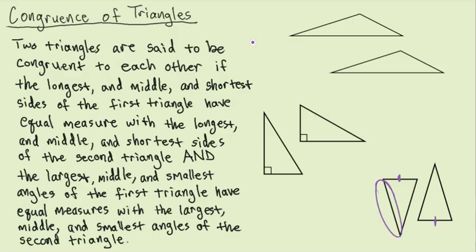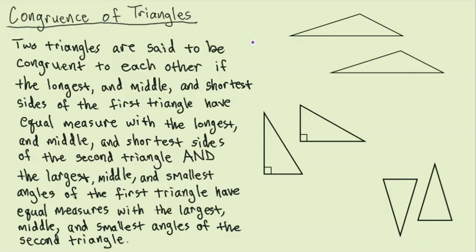So if this side here is congruent to this side, and if this side here is congruent to this side, and all the angles are congruent, then again, they're congruent triangles.